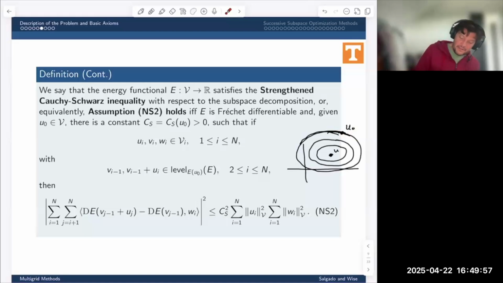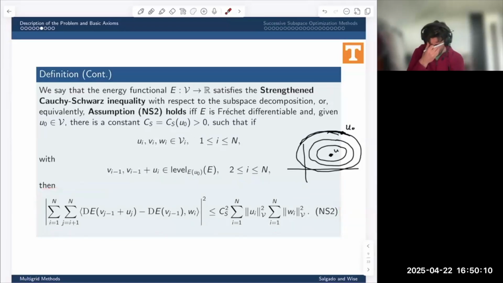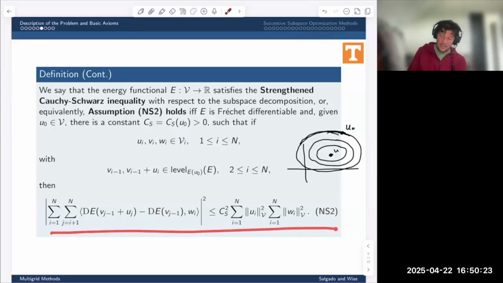Then if this holds and that holds, it follows that if the strengthened Cauchy-Schwarz inequality holds, this complicated inequality holds. As I said, it's not easy for me to motivate what this is or why it's needed. Once we get into the weeds of this analysis, I'm going to bring this back up and say, look at that.